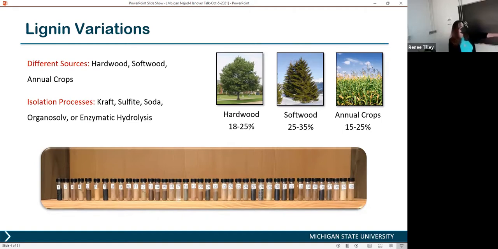If you look at this, these are different lignin samples that we got from different isolation processes and different biomass sources. They come in different colors, some light beige up to completely dark black, ranging from a lighter brownish color to darker brownish, with different particle sizes and completely different properties.